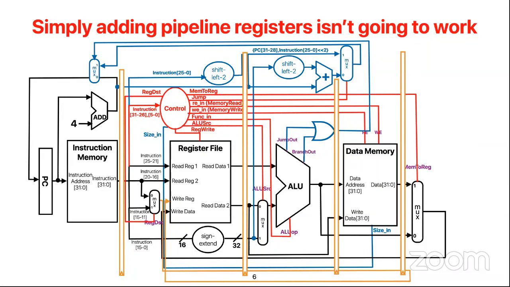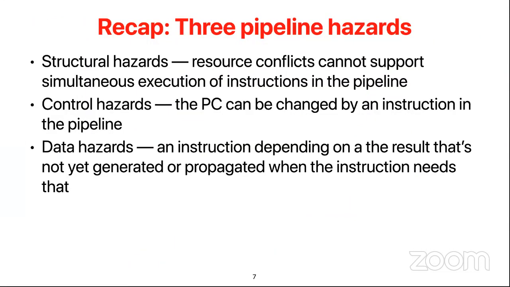Is that everything? The answer is definitely no, because previously you have learned that for pipelined processors, we have to address the pipeline hazards. There are 3 types of hazards: the structural hazard, the control hazard, and the data hazard. The structural hazard means that we have a hardware limitation that doesn't support simultaneous execution of instructions.